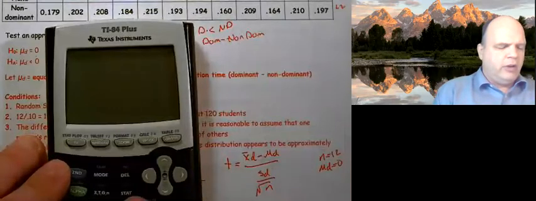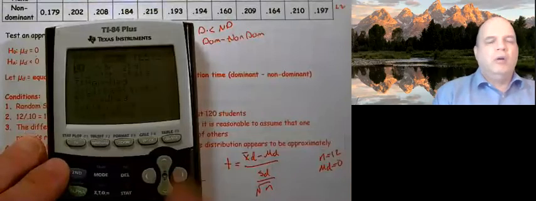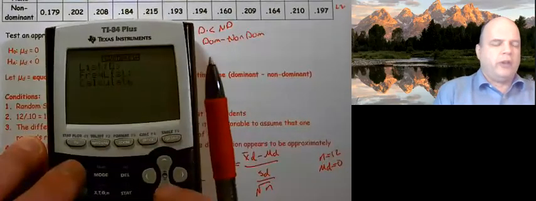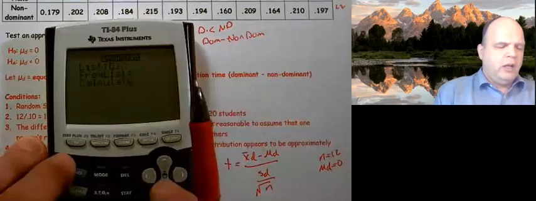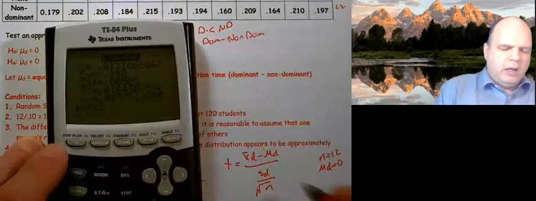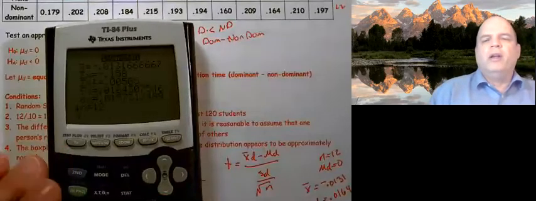All right. So stat, calc, one variable statistics. My data list that I'm interested in is the differences. So that's L3. So second 3, enter, enter. And I end up getting X bar equals negative 0.031 and SD equals 0.0164.